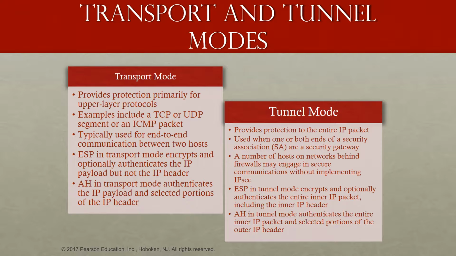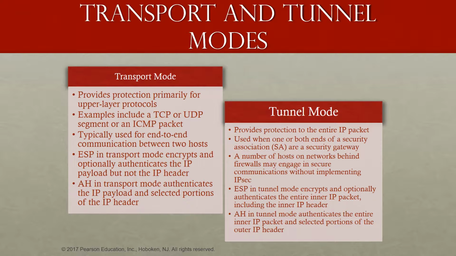When a host runs AH or ESP over IP version 4, the payload is the data that normally follow the IP header. For IP version 6, the payload is the data that normally follow both the IP header and any IP version 6 extension headers that are present, with the possible exception of the destination options header, which may be included in the protection.